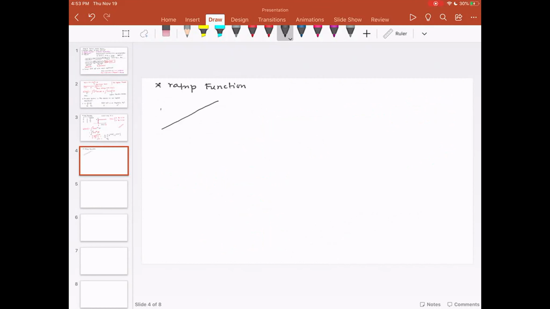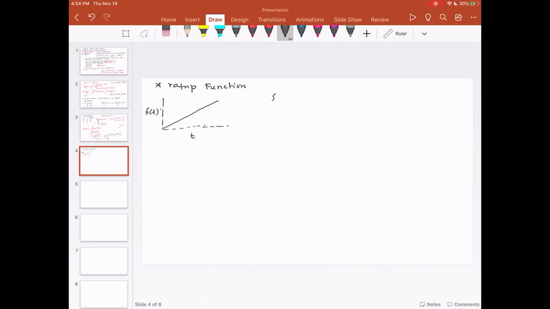Step function, ramp function, impulse function, all these are important functions because they can be used to understand system behavior. Now let's see how this ramp function looks. If you think about it, it's like a straight line. This is f of t over here and this is t over here.